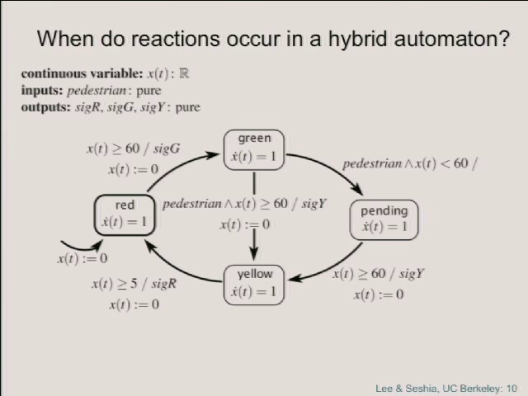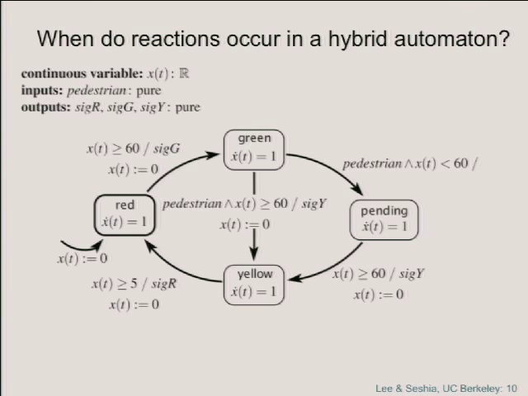The idea here is that at time 1.0, you can have a bunch of events that are causally related, so there's an order to them, but time does not advance between those events. That's called a super dense model of time, and it's an extremely useful model of time for talking about these mixed, discrete, and continuous systems.